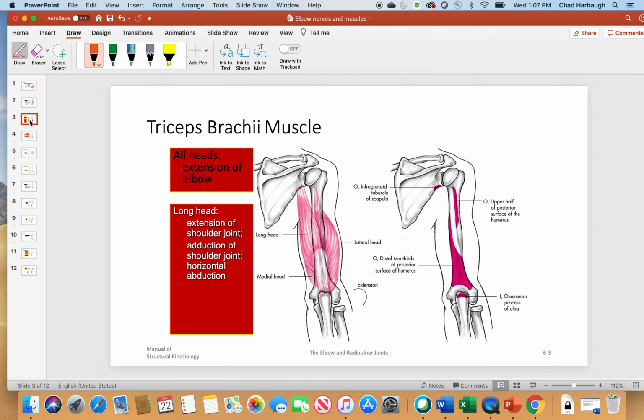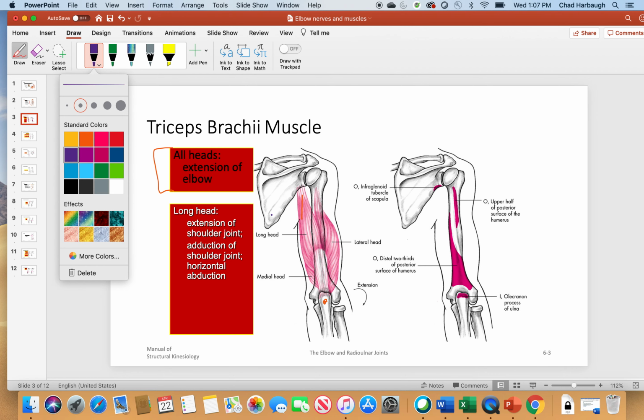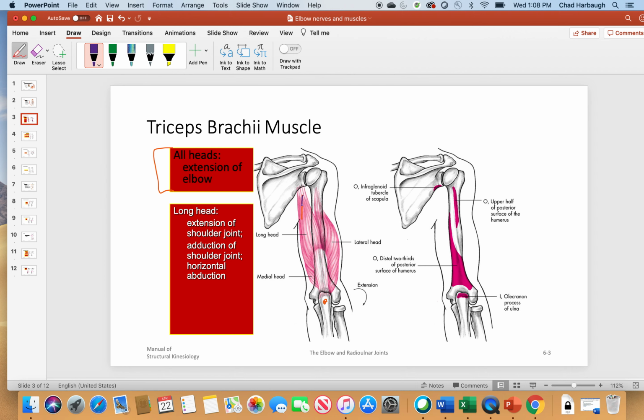So the first muscle that we'll look at will be the triceps brachii. All the heads are going to produce elbow extension. And with elbow extension, in the previous lecture we mentioned the olecranon process sitting into the olecranon fossa. So the long head is going to be right here.